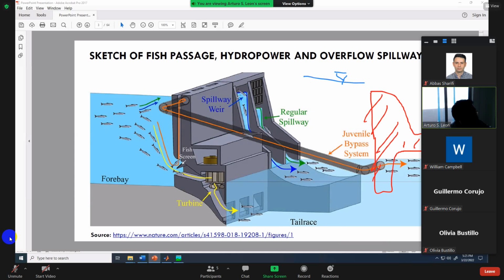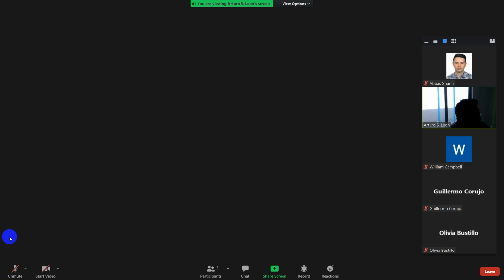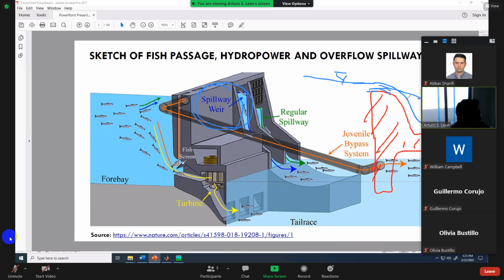Simply after the water level reaches this crest, the water will spill. Okay, so this is called a spillway weir. This flow we cannot control. Why? Because as soon as the water arrives at this level, it will simply overflow. So we cannot control it because we do not have a gate. This is different than the regular spillway.